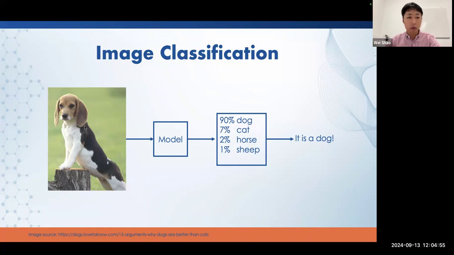In other words, you feed your entire image into some AI model, and the model outputs the probability of this image belonging to different classes. Say for this image, the probability from this model is 90% dog, then the class with the highest probability will be assigned to this image. So the model correctly identifies this image as a dog. And those probability values for all the different classes sum up to 1.